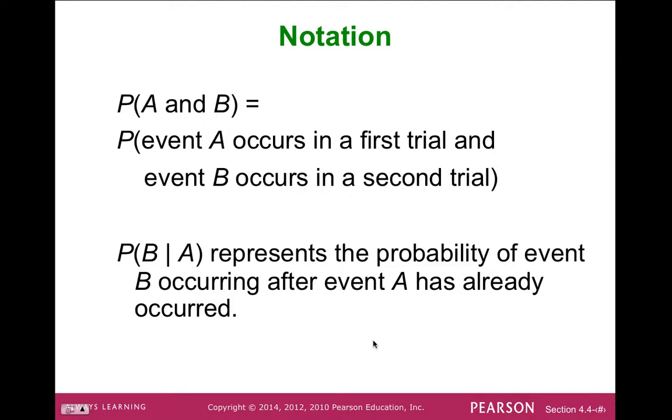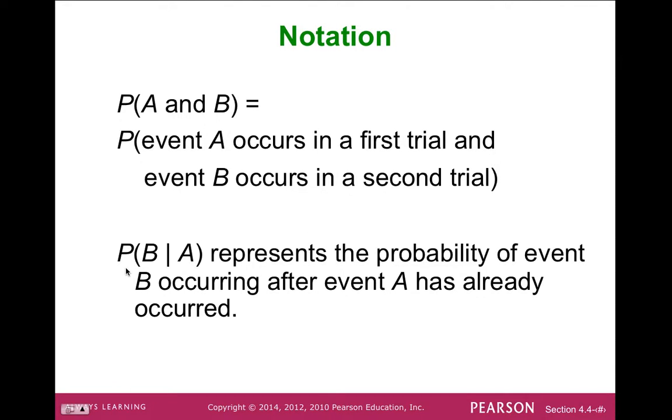So here's the notation for the multiplication rule, and this is what it looks like. The probability of A and B in parentheses. And what that means is the probability that event A occurs in a first trial and event B occurs in a second trial. Another way of noting this is like this: the probability of B with a slash A. And what that represents is the probability of event B occurring after event A has already occurred.